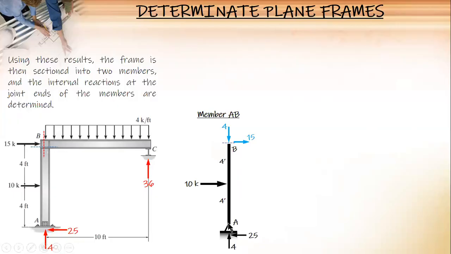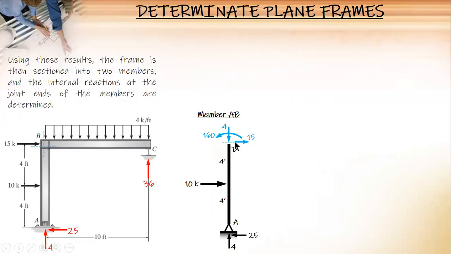No? 25 times 8, that's 200. And then 10 times 4 is 40. So there's a difference of 160. And the bigger moment is clockwise. Therefore, the resisting moment should be counterclockwise, 160.